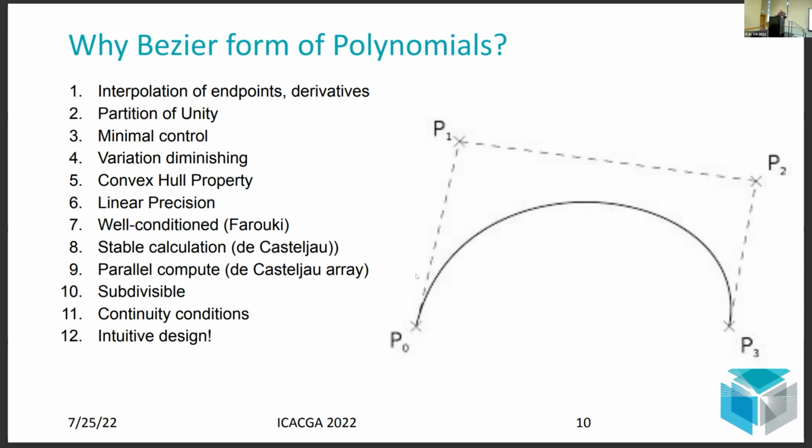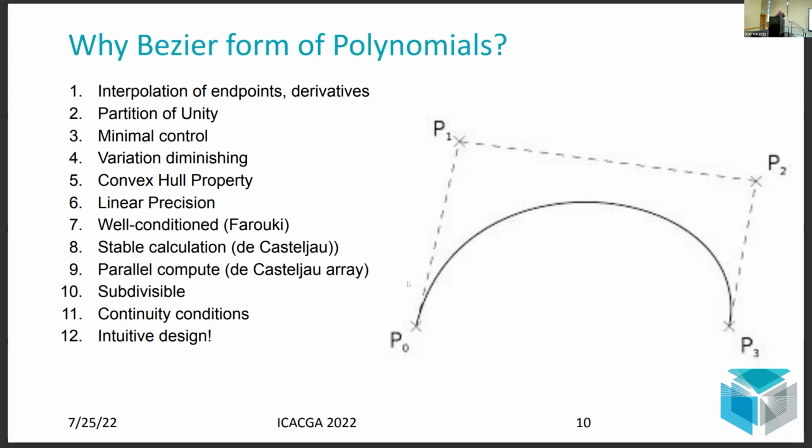And actually Bernstein used this for his proof because it was between 0 and 1. It's always between 0 and 1 in our range. I can compute it in parallel. That systolic array that De Casteljau came up with is just a repetition of linear interpolation. So lots of nice things about this.